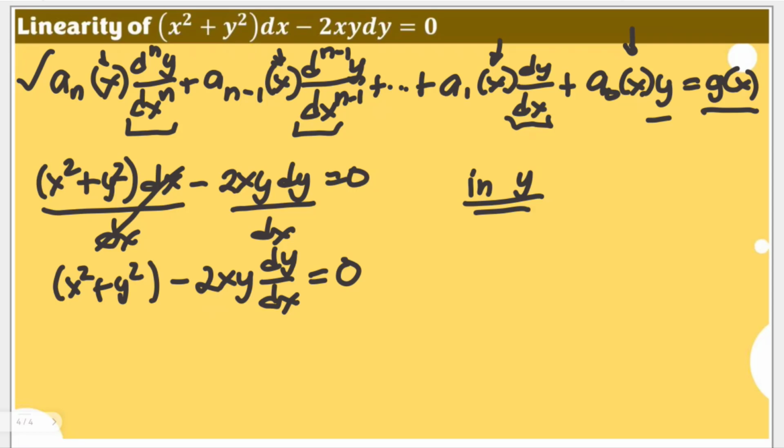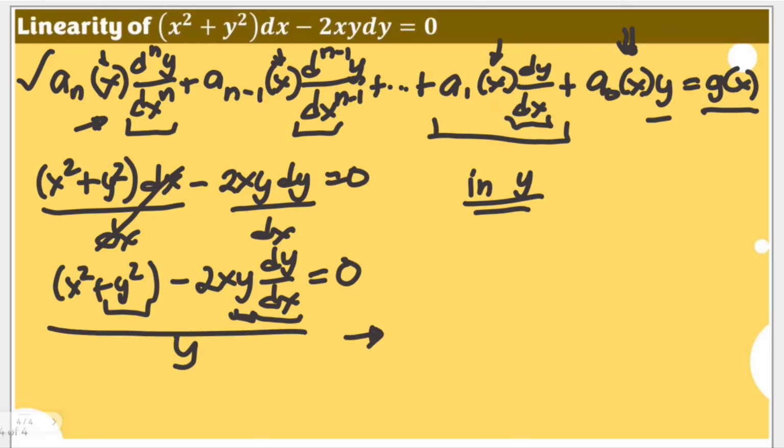Since we would like to have variables x here, because x is our independent variable, you would like to see x's here and there. We don't want to see y on this left hand side. So what we could do is divide all sides by a certain y, because we would like this one here to be removed, so we'll be dividing by y first on all the terms here.